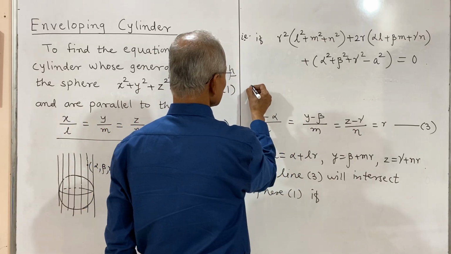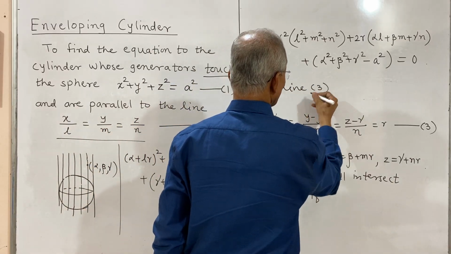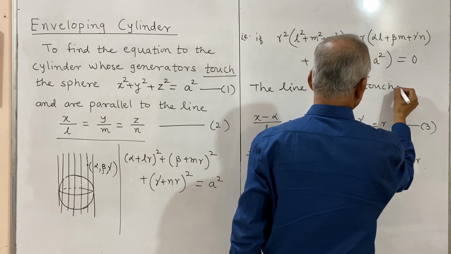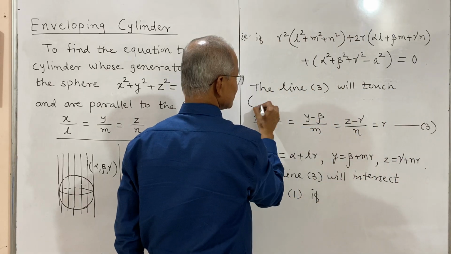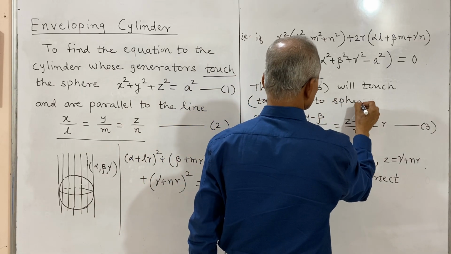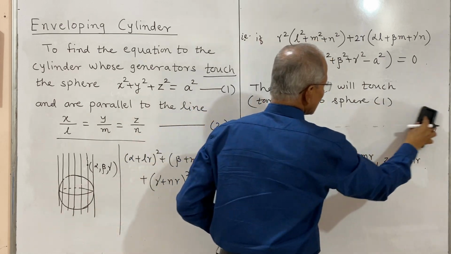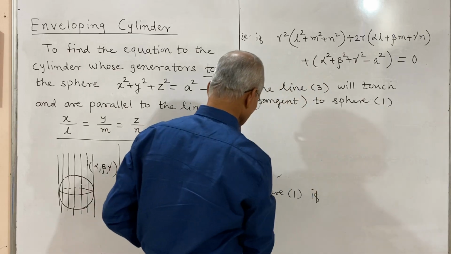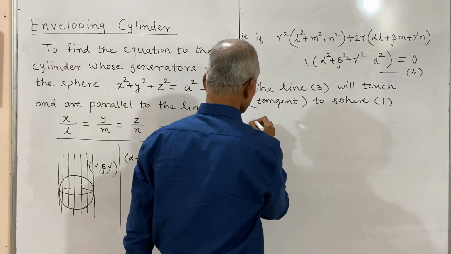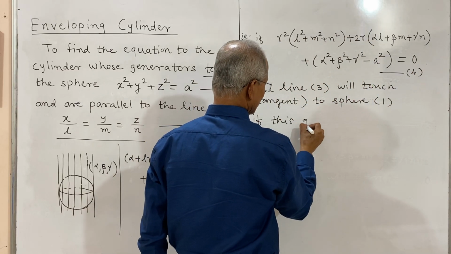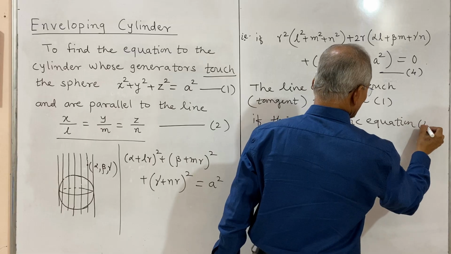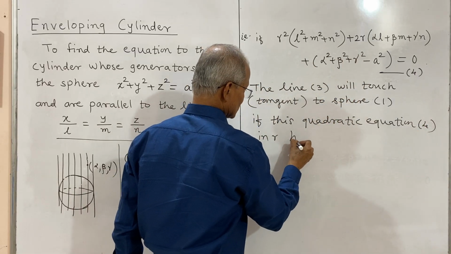So we write that condition as: the line 3 will touch, or will be tangent to, sphere 1 if this quadratic equation, which we may call equation 4, in R has 2 equal roots.